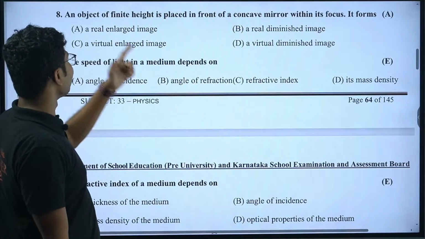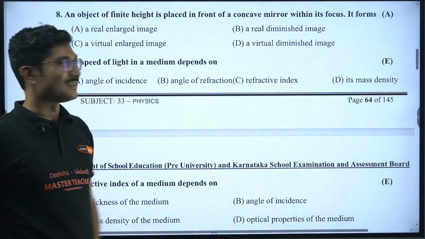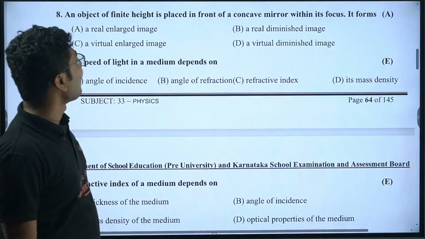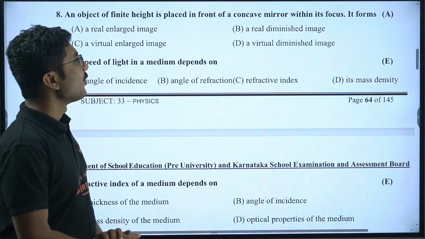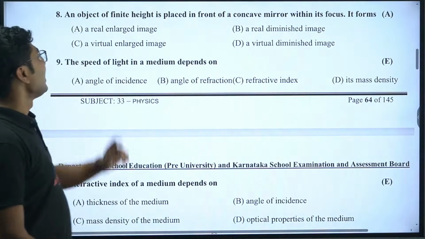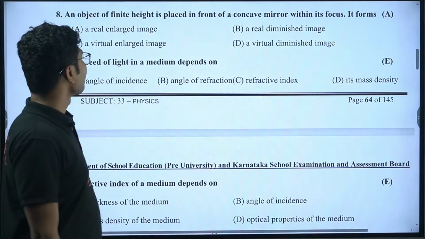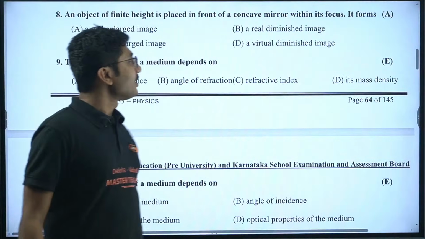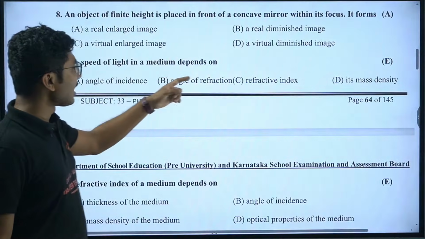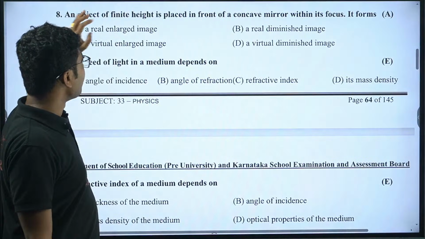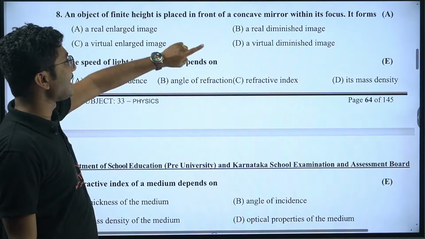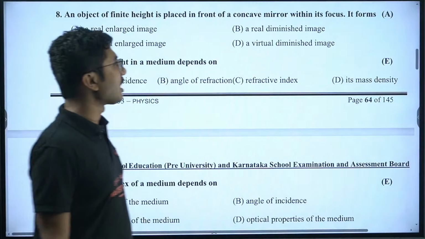Congratulations. Next question. An object of finite height is placed in front of a concave mirror within its focus. It forms a real enlarged image, real diminished image, virtual enlarged image, or virtual diminished image. So what is the condition?